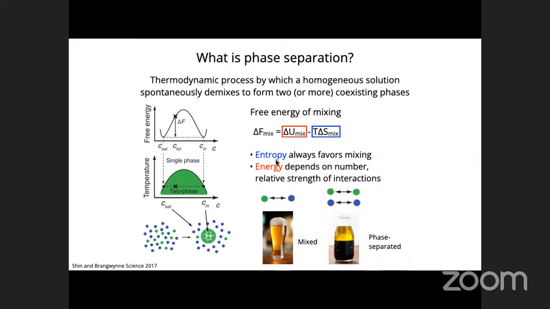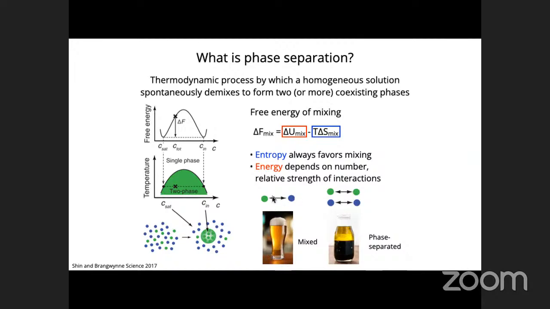And so entropy always wants to mix, because the maximum disorder is when there's a homogeneous mixture. If I separate these things, I'm imposing order on the system. And so that's always unfavorable entropically. But if the energetic gain of separation can exceed the entropic cost of creating this order, then the system will still phase separate. So we have to think about the number and the relative strength of the interactions.